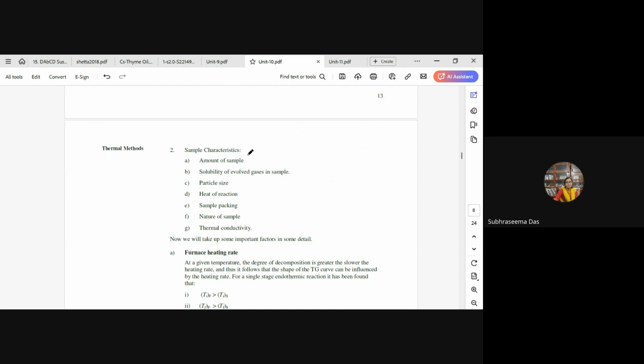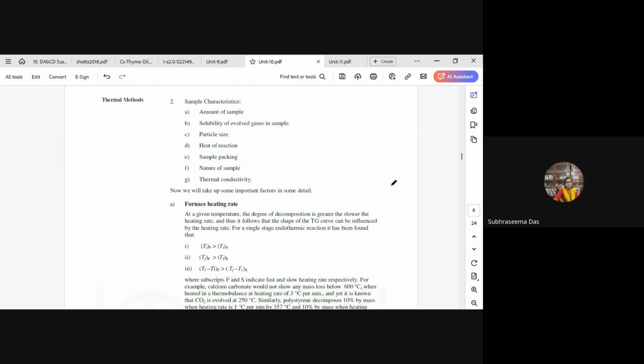The sample characteristics also influence the TGA curves: the amount of sample, the solubility of the evolved gases in the sample, the particle size, the heat of reaction, the sample packing, the nature of the sample, and thermal conductivity. These factors greatly influence the TGA curves, and we will discuss them one by one.